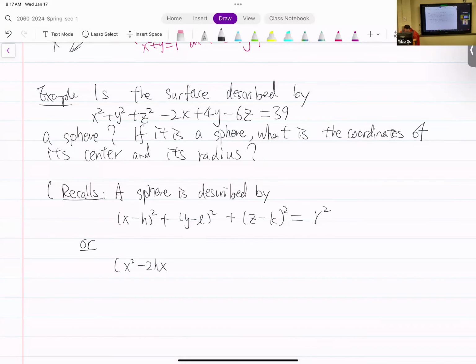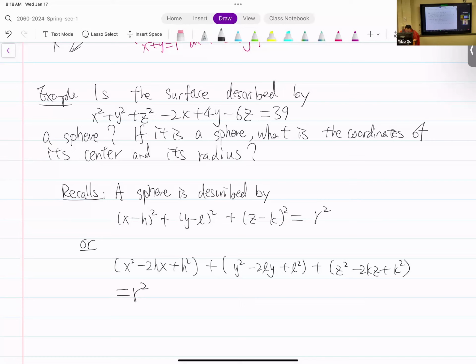So it's x squared minus 2hx plus h squared. So this is the first bracket. And then for the second bracket, we also just multiply things out. That's going to be y squared minus 2ly plus l squared. And the last one is z squared minus 2kz plus k squared. And the right hand side is still the same thing, r squared. Okay.